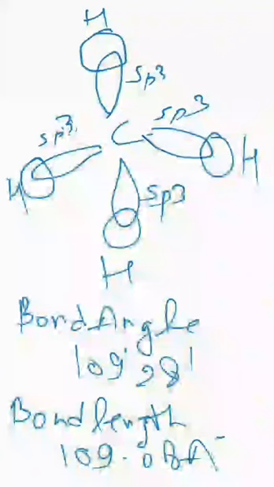But in case of alkene, the hybridization will be different, that will be sp2 hybridization, and in case of alkyne the hybridization will be sp hybridization.